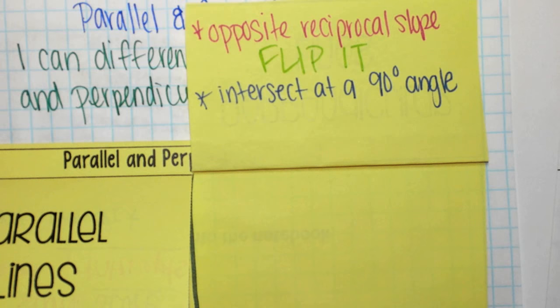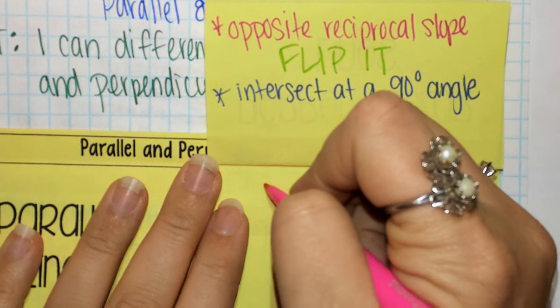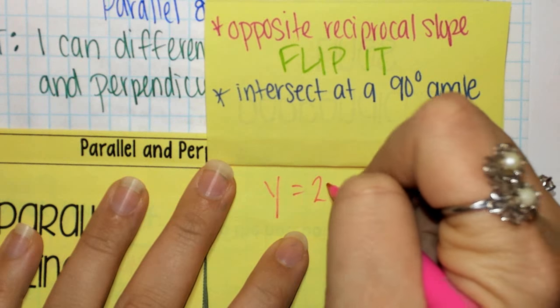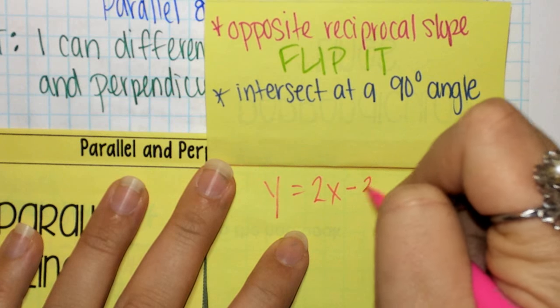Our first equation that I'm going to write right here while we're waiting, I'm going to say y equals 2x minus 3.